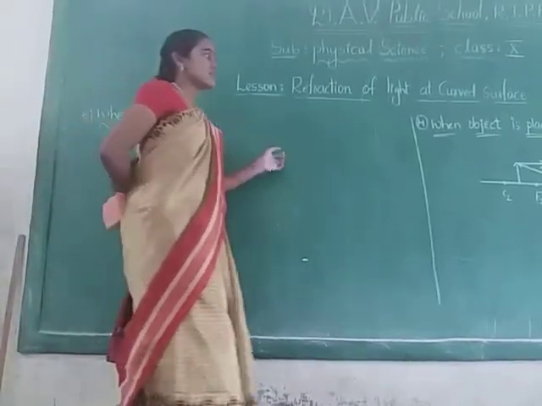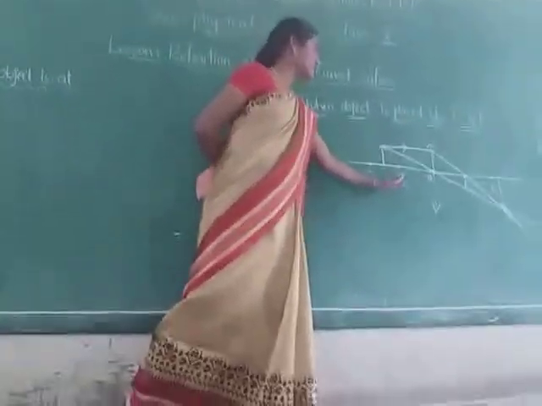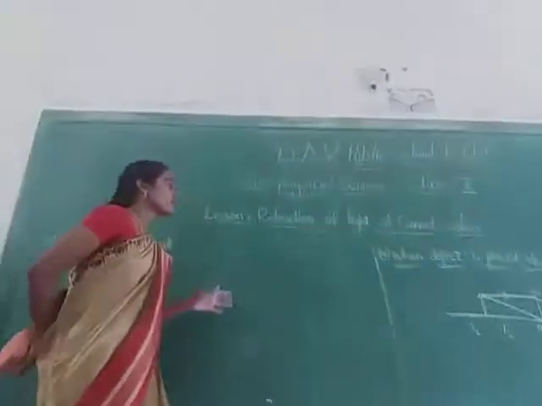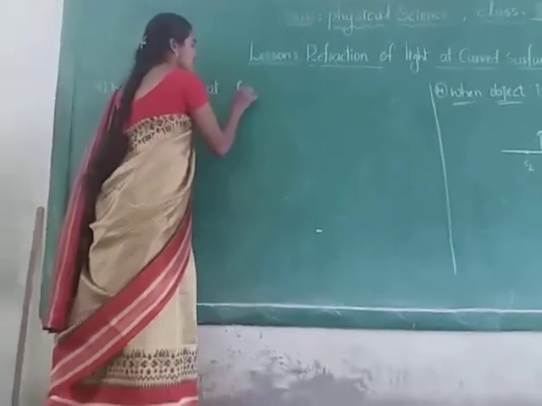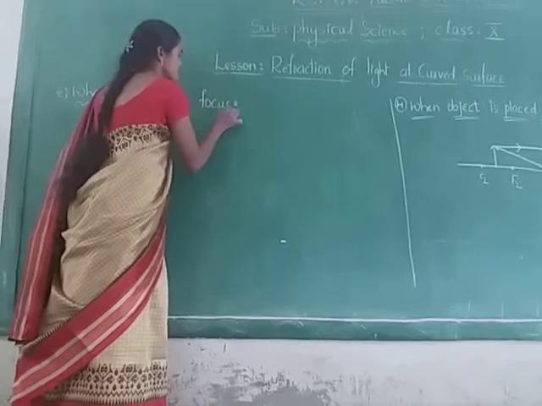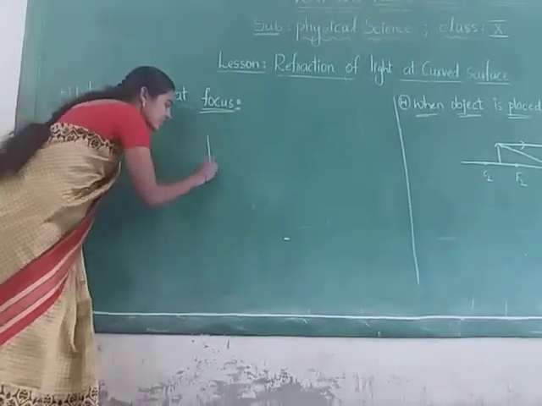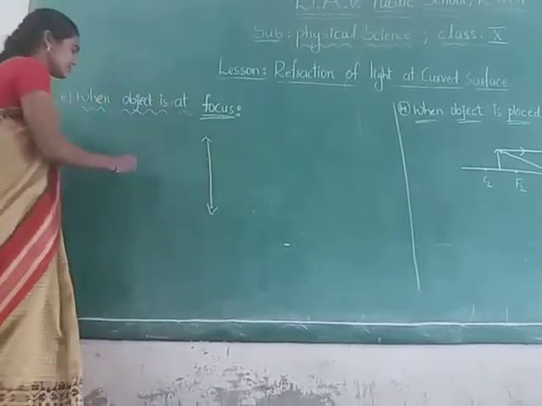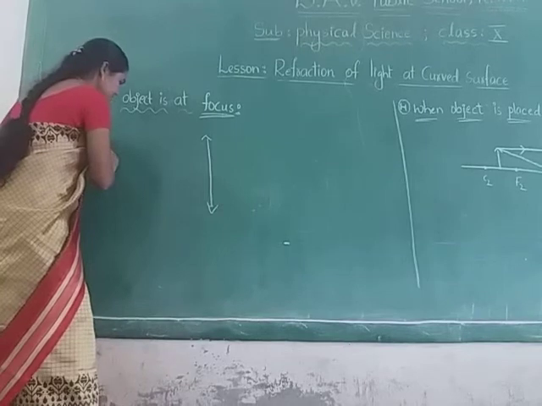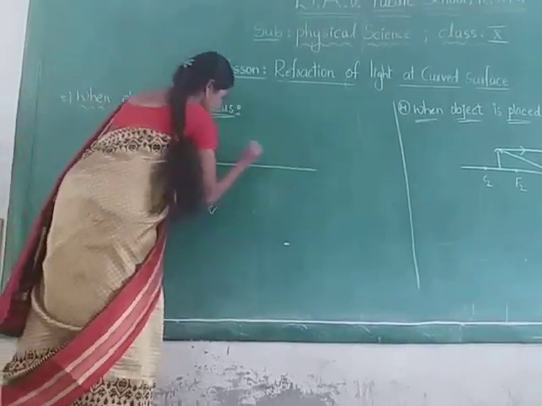Next case: we have completed when the object is placed between the center of curvature and focus. Now we are going to keep the object at focus. Object at focus point. Same as usual, first of all we have to draw the lens, convex lens, and then we have to draw the principal axis.